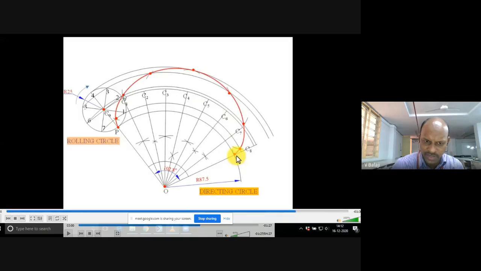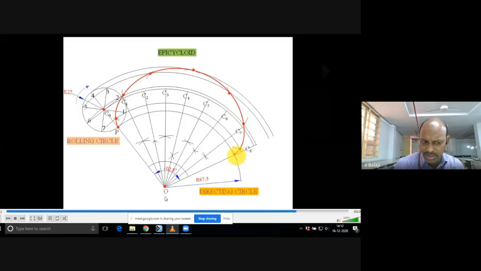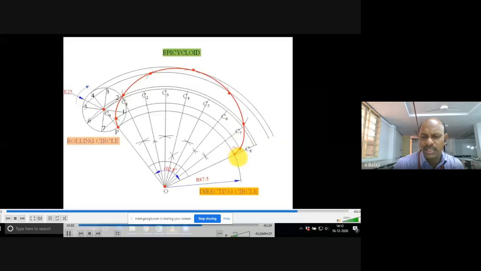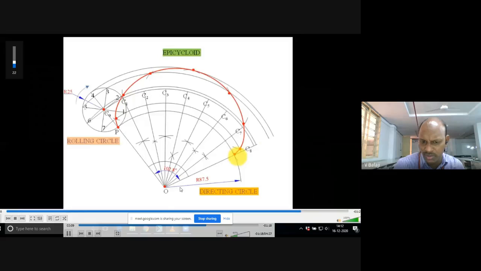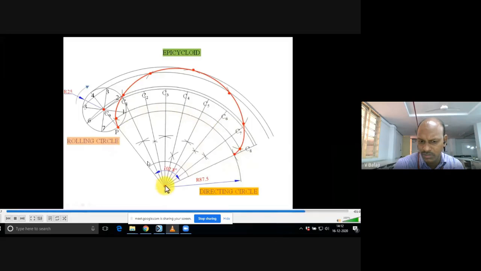Either you can cut on the left hand side or the right hand side. Just cut the curve wherever it is meeting, because we have set the radius 125 mm.